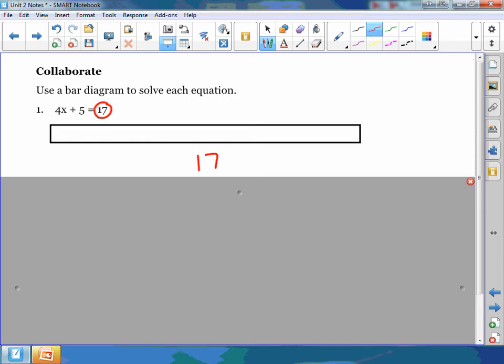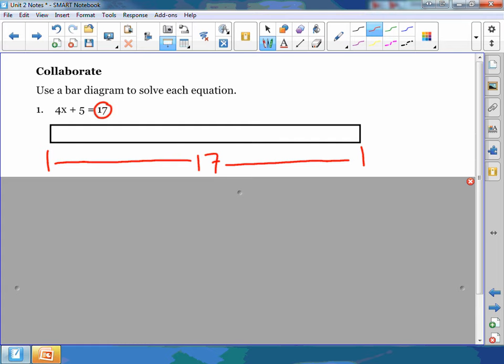So if you want to put 17 down here, just to keep track of everything, I agree. That means that this top bar is equivalent to 4x plus 5. So how many parts could I break that up into? If you're not sure, that's okay. This is really our first try at this.